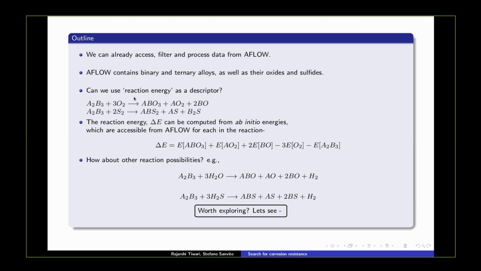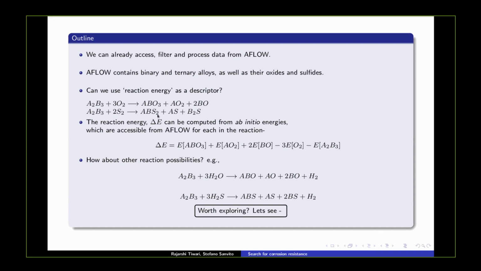Consider a representative binary A2B3. If it comes into contact with oxygen and forms an oxide, it can form two separate elemental oxides, a binary oxide, or a combination of these. Similarly with sulfur.